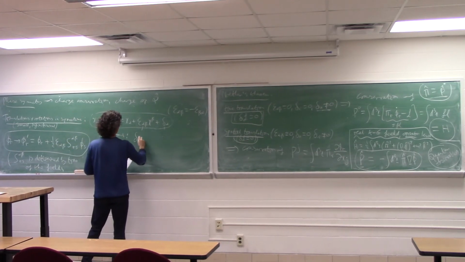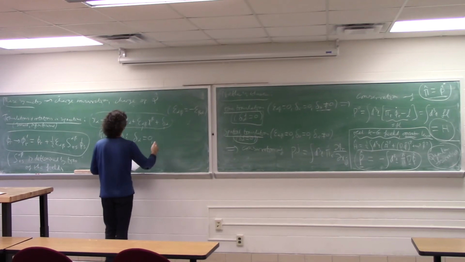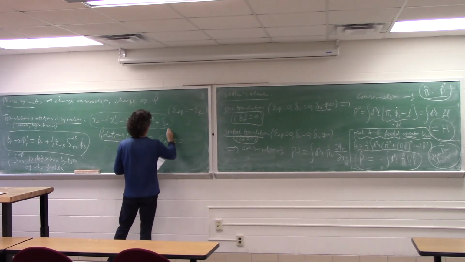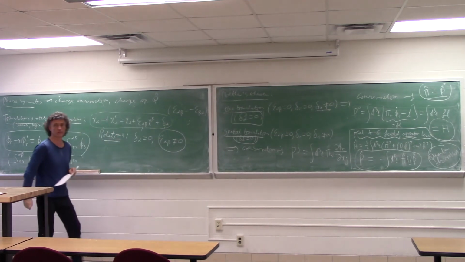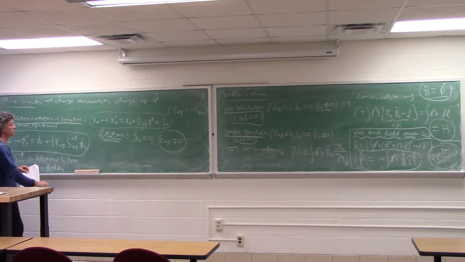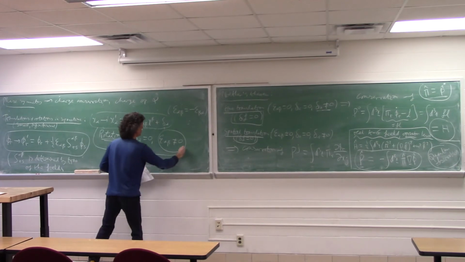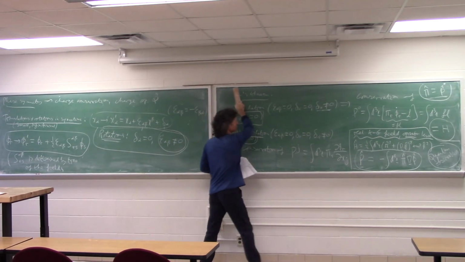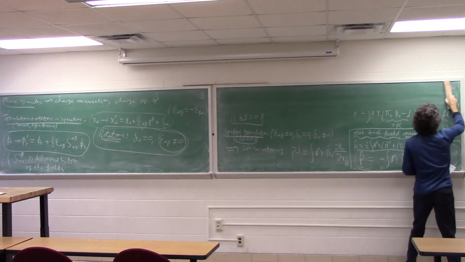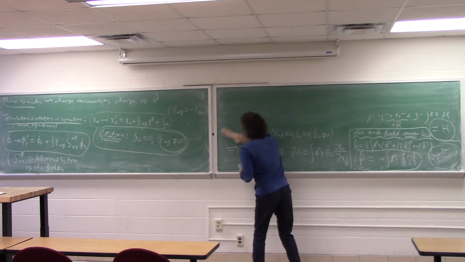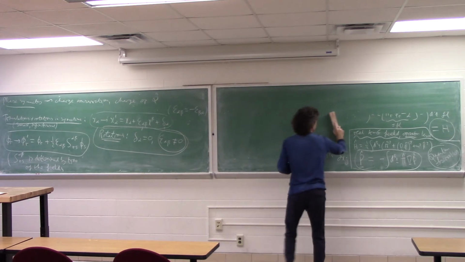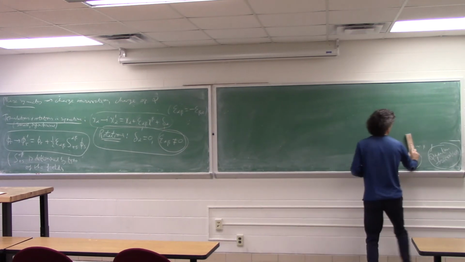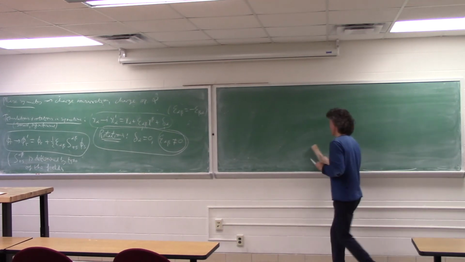So let's take delta alpha as 0 and epsilon alpha beta non-zero. What kind of conservation law do I get? What does one find from this theorem? This is something that you haven't gone over.